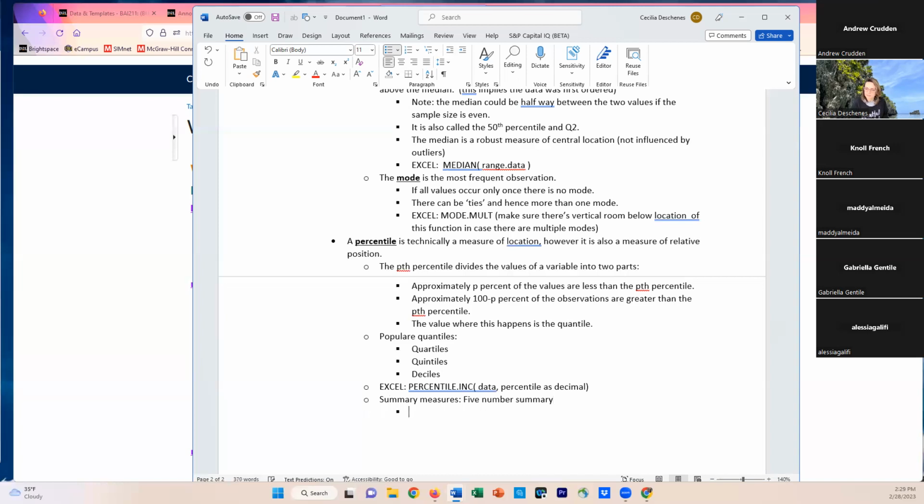So this is the minimum, Q1, Q2, or the median, and then Q3, and then the maximum. And we can visualize this with a box plot, which we've talked about extensively.